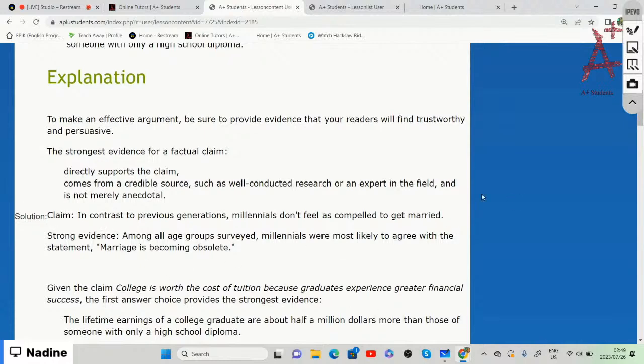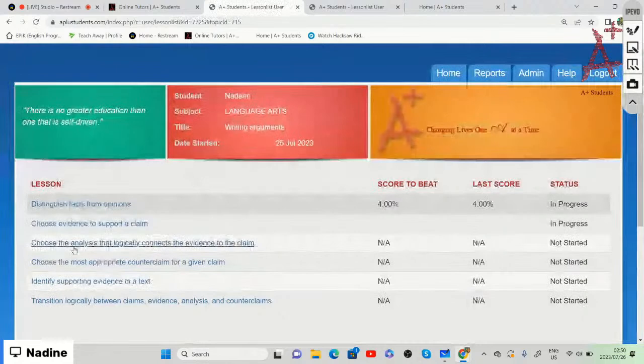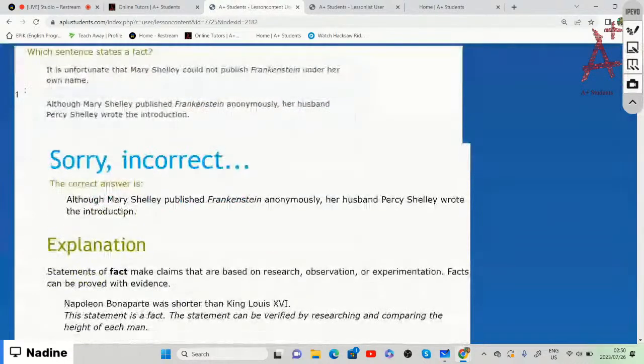All right, so earlier on we went over what a fact is and what an opinion is, and we said we distinguish between facts and opinions, and we said facts are evidence, observations, and experimentations, right? So we have either evidence or your research, your observation, as well as your experimentation, and these show that it is facts, right? And once we provide our facts, then facts need to be proven by evidence. And what is going to be our evidence?